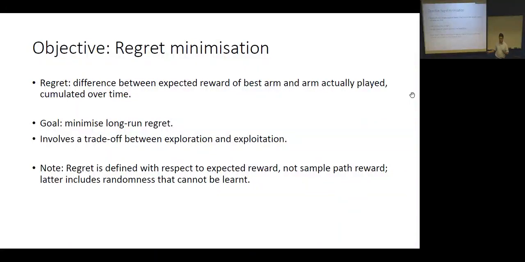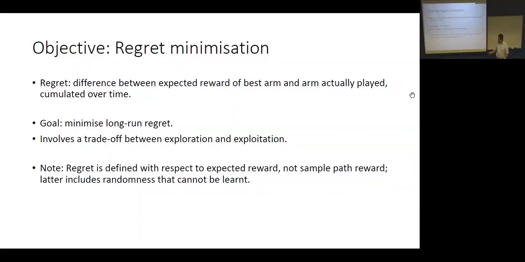And how do we define regret? We look at the expected difference between what you would have got if you had played the best arm and the expected reward you got from the arms you actually played. So we look at expectations, and we want to minimize long-run regret.